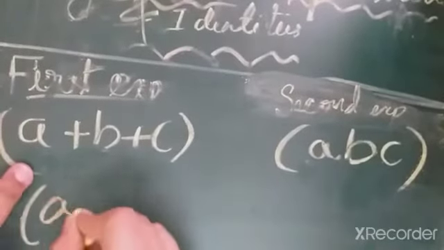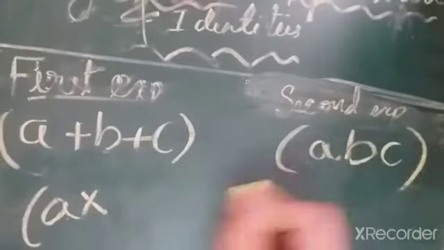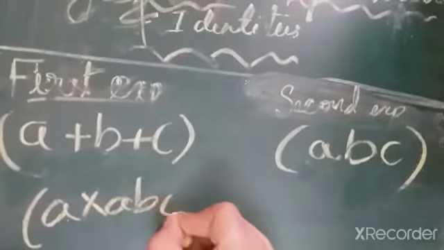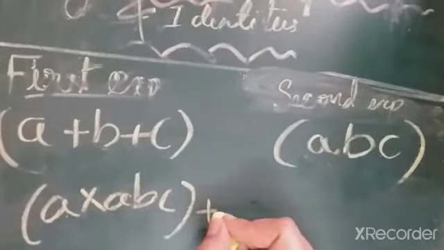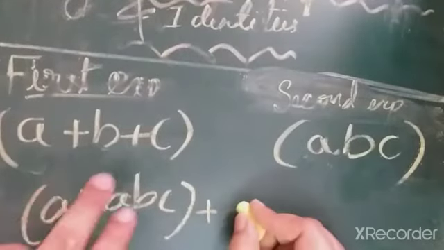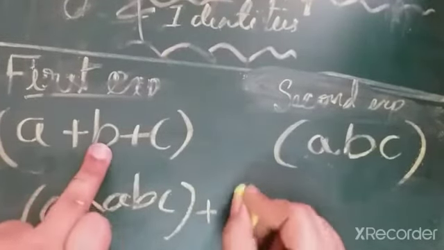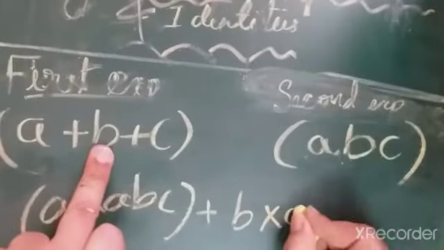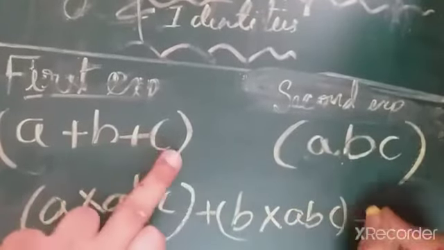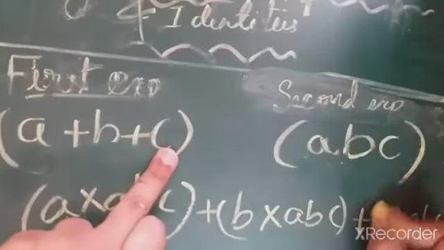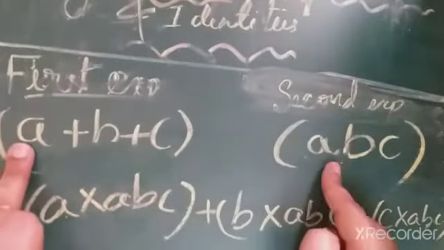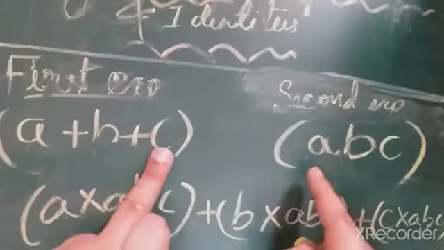So a into abc, plus, here a plus symbol, so plus b into abc, plus c into abc.